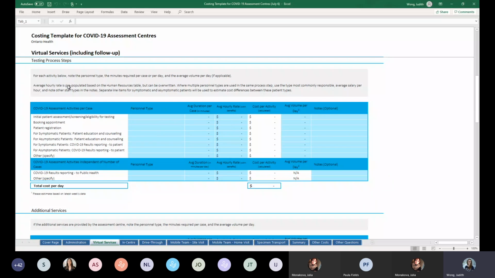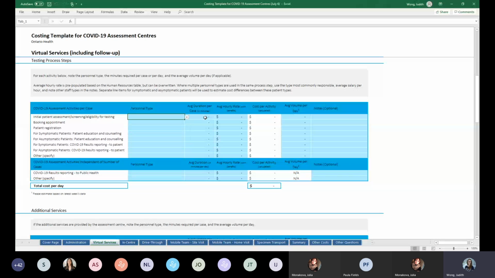Below the HR table, we have a table labeled test process steps. This is where we are picking up the activity level data from you, which is for each of these activities, who is the staff person that is most commonly carrying out that activity?